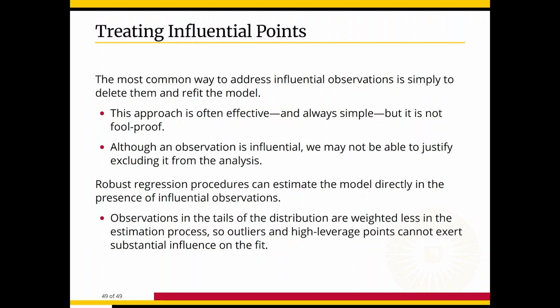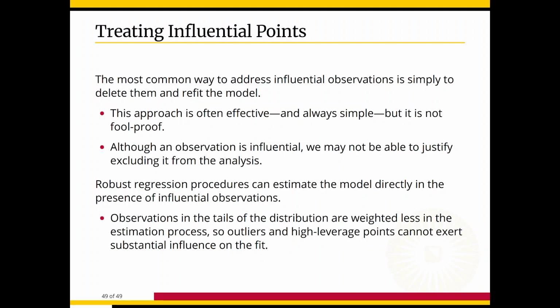So one thing you can do is not exclude the cases, but use robust regression procedures. And this is a broad topic. There's lots of regression procedures that can be considered robust, with several different flavors that unfortunately we don't have time to talk about in this course. But the idea is usually either that they downweight extreme cases, or they trim extreme cases during the estimation in some way, or they model something other than the mean of the distribution.